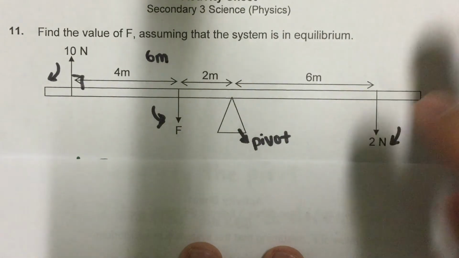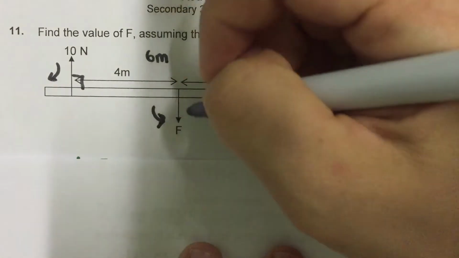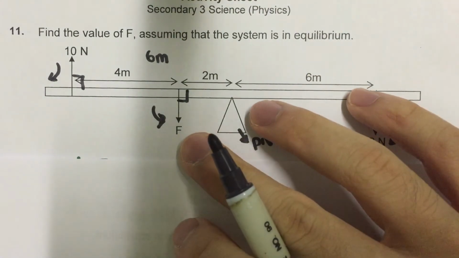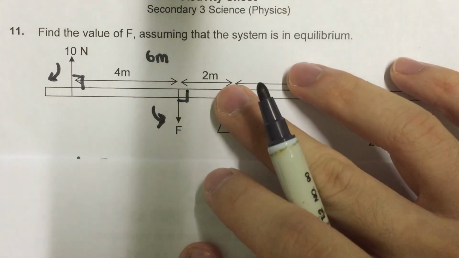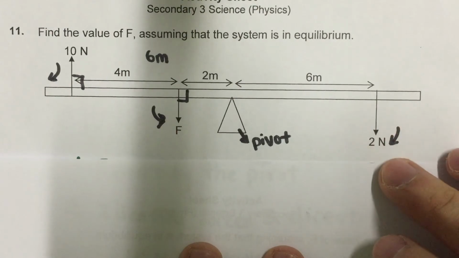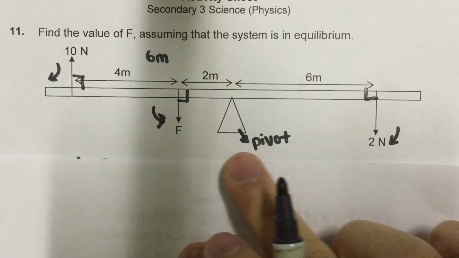How about the perpendicular distance for F? Same concept, it must form the right angle and the distance must be from the pivot to the force, and therefore the distance would be 2 meters. Lastly, how about the perpendicular distance for the 2 Newton? So same concept, form the right angle, distance from the pivot to the force.